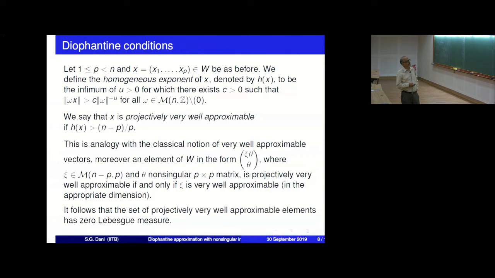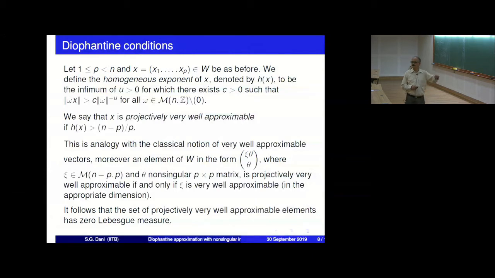Moreover, if you take an element of W, it's an n cross p matrix. By permutation of the rows, you can always bring it to this form, where xi is of size (n minus p) times p, and theta is a non-singular matrix.